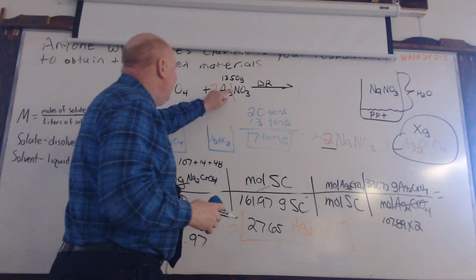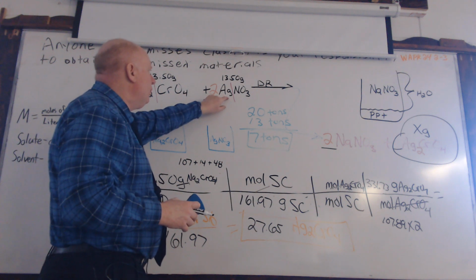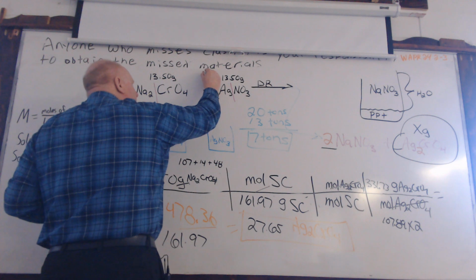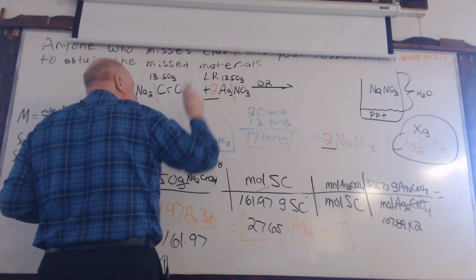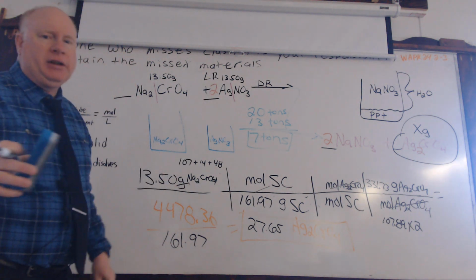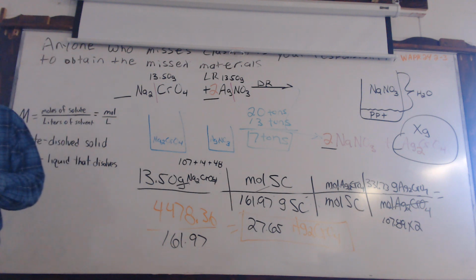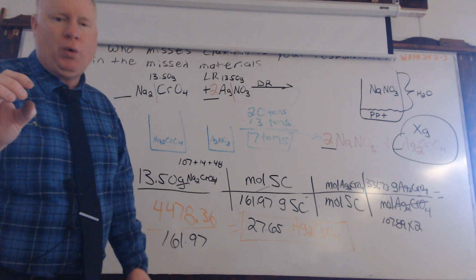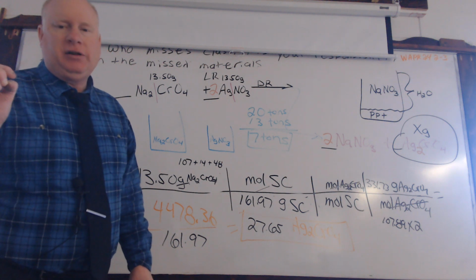So we get less of an amount when we start with silver nitrate, so that means this would be what we call our limiting reactant. We just wanted to illustrate that these numbers do actually mean something, and we'll briefly talk about that perhaps tomorrow for those of you who have made the choice to tune in.